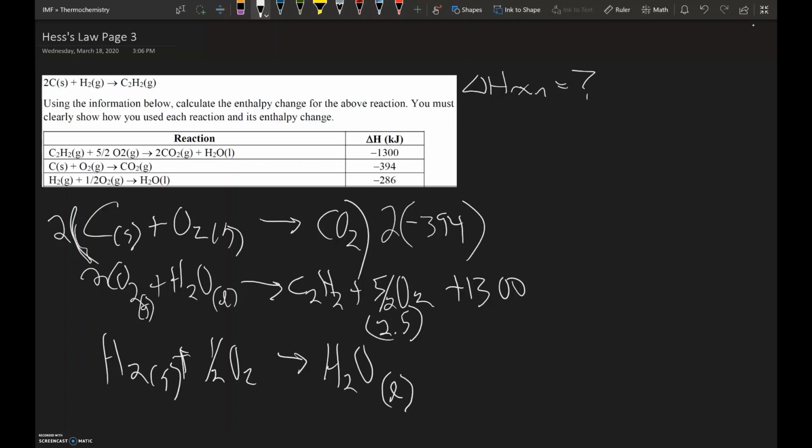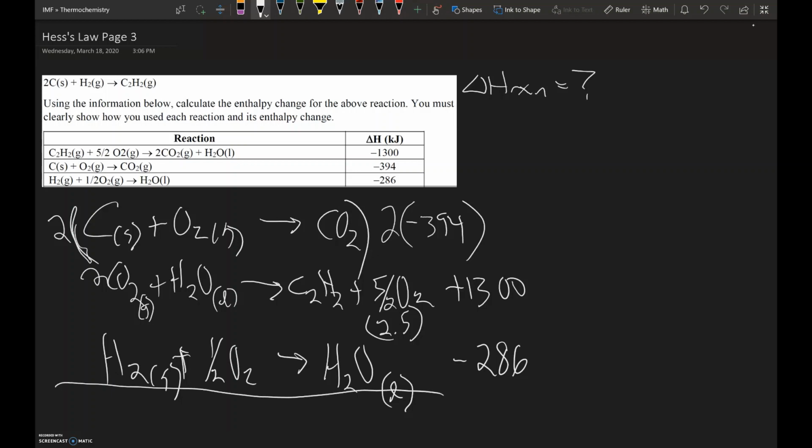And we don't need to multiply by anything because hydrogen gas has the right number of molecules present. It's a balanced equation. And we didn't reverse it, so we're going to carry down the negative 286 kilojoules as you see it written.